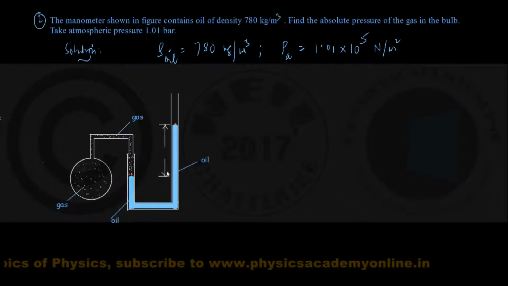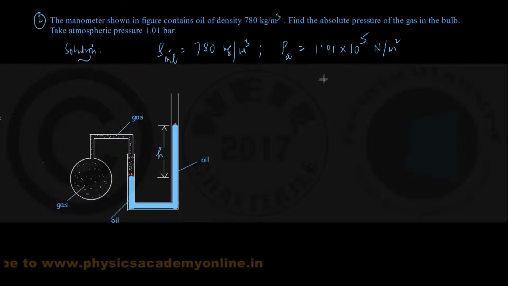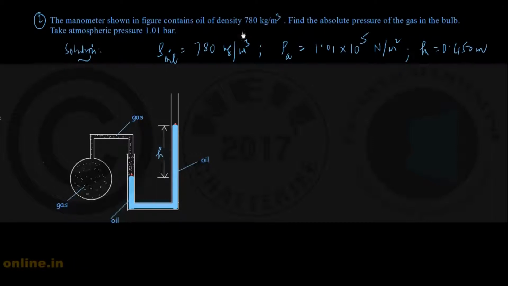This is a part of the question: the difference in height between the liquid columns in the two limbs, if I take symbolically to be H, this H is given in the figure itself to be 45 centimeter, which is 0.450 meter. The question is to find out absolute pressure of the gas in this vessel.